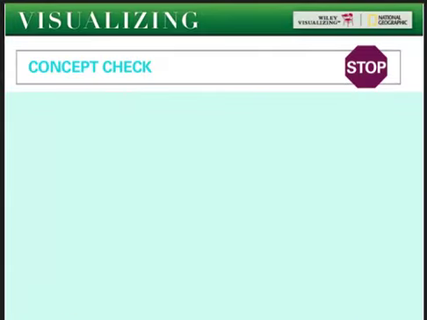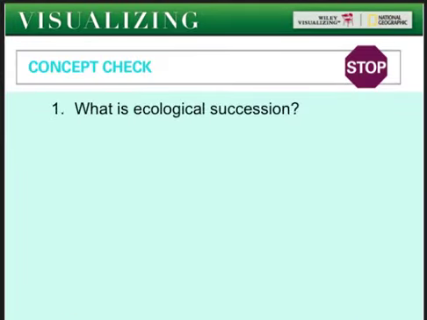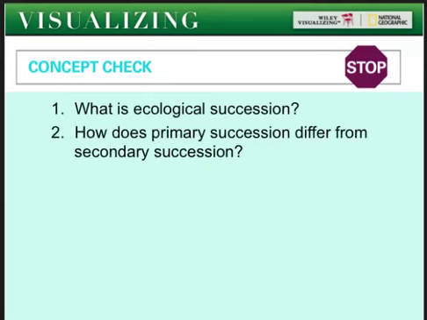So we get to our next block of concept check questions. First question, what is ecological succession? It's the process of community development over time, and this involves species in one stage being replaced by different species. Next question, how does primary succession differ from secondary succession?